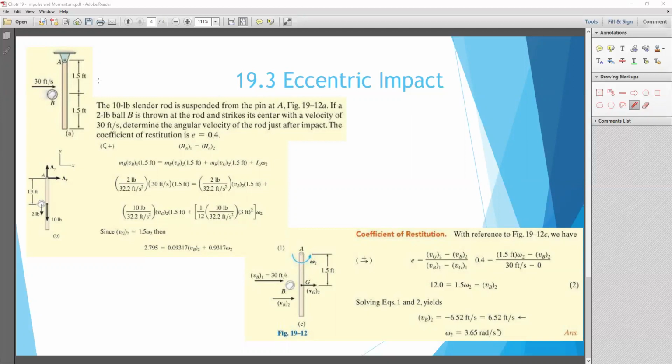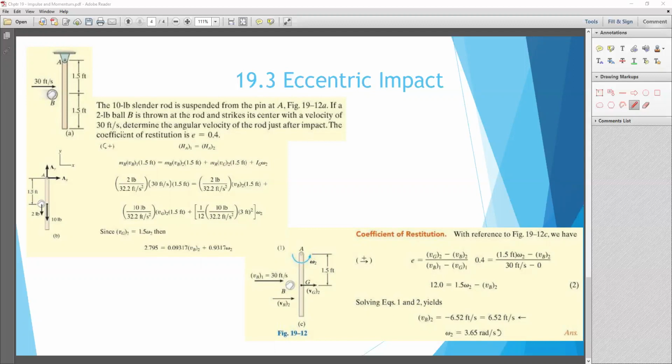For this problem, we want to determine the angular velocity of the rod just after impact. After the impact, this rod for sure will swing. Here we assume that it will swing to the right, making a counterclockwise motion.